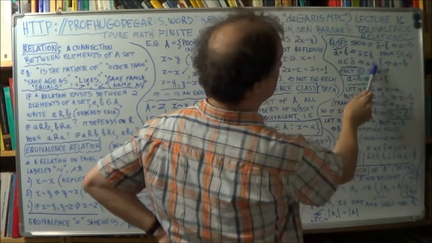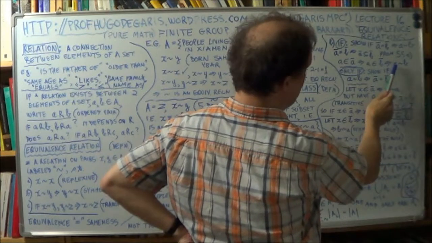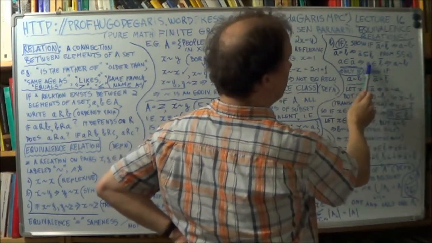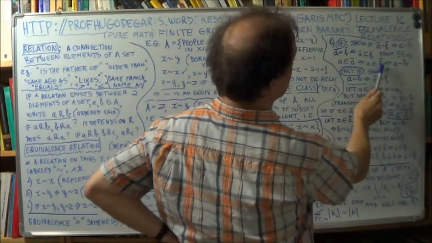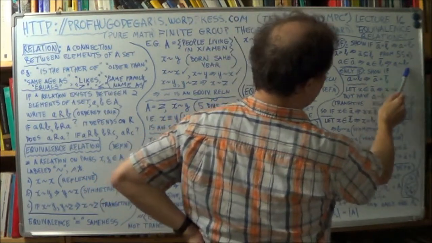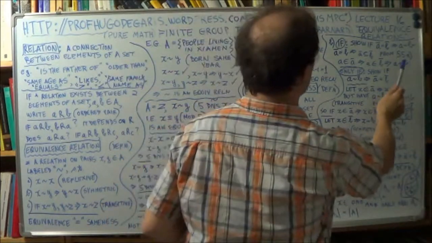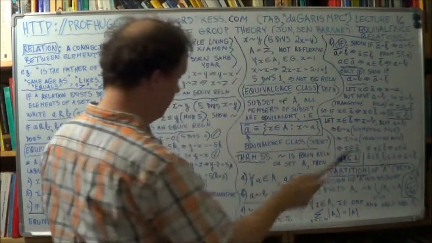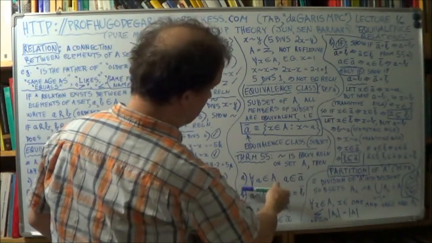So if A belongs to that equivalence class, by definition, then A tilde b. For A to belong to this, you must have this equivalence relation going on, A tilde b. Right? So we know A tilde b. That's the left-hand side. So we've proved this. So we've gone this way, gone from right to left.